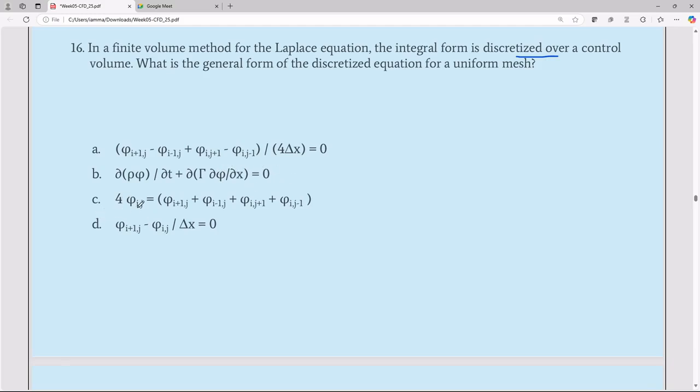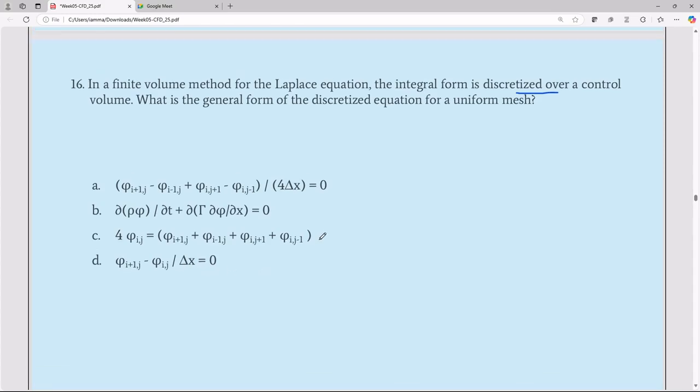Option C, 4 times phi at i comma j is equal to phi at i plus 1 comma j plus phi at i minus 1 comma j plus phi at i comma j plus 1 plus phi at i comma j minus 1. Option D, phi at i plus 1 comma j minus phi at i comma j, divided by delta x, is equal to 0. You can inbox your answers.